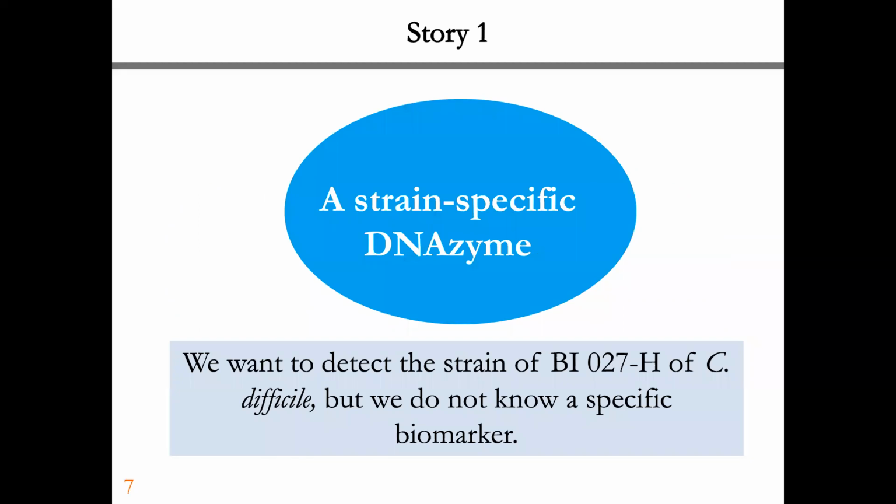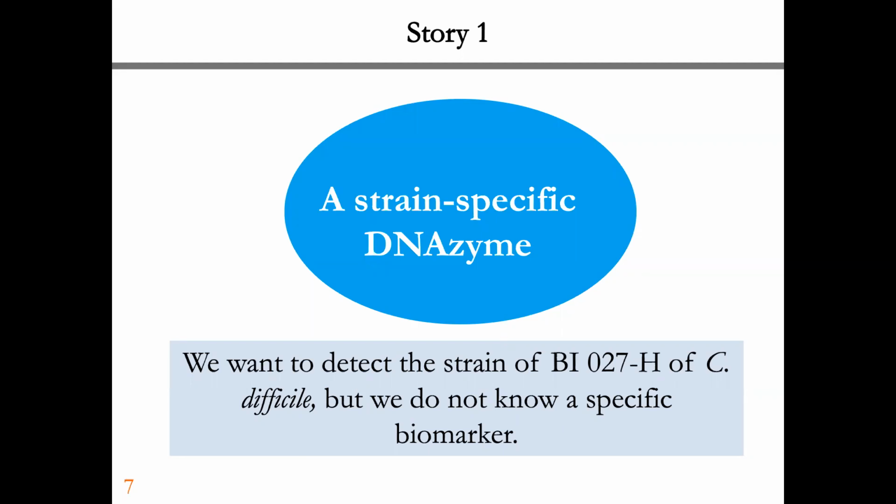First, the strain-specific DNAzyme. This work was done in collaboration with Clostridium Li. I believe now she is in Victoria, but when she was here, I got linked to her through Jerry Wright when I had just started getting interested in CDI.